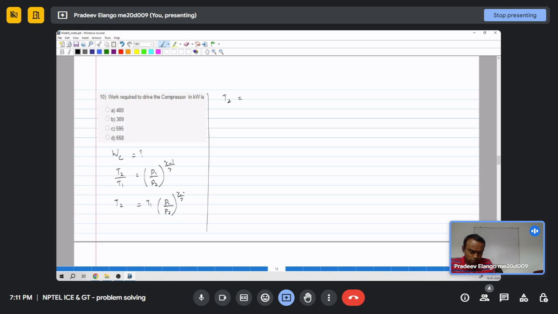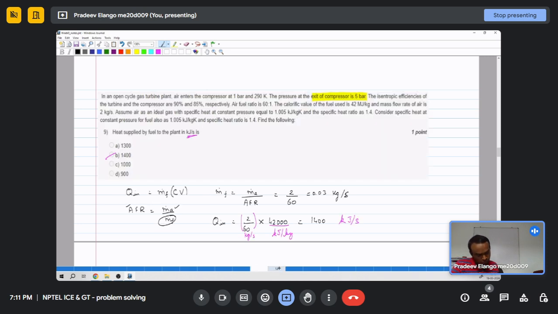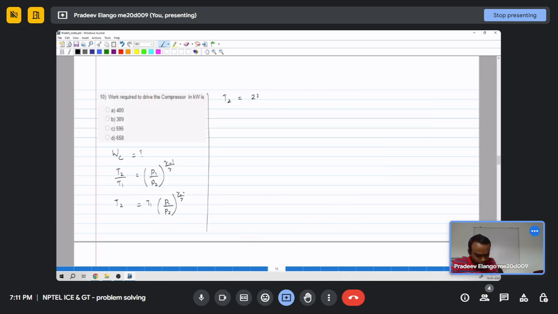T1 is 290 Kelvin, and P2 and P1 are 5 bar and 1 bar. Gamma minus 1 is 0.4, so this is 0.4 by 1.4.